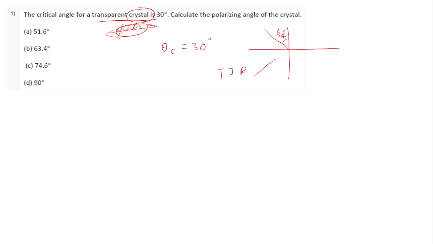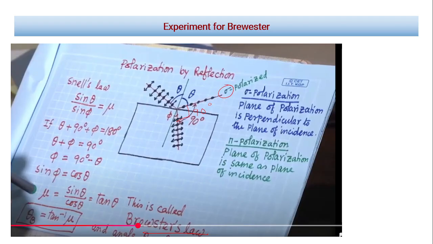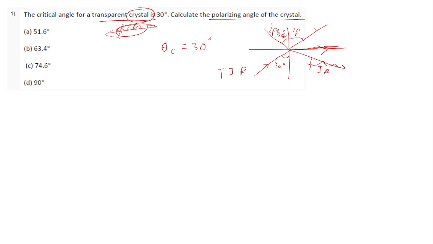That at the critical angle of 30 degrees it's giving total internal reflection, so it's just going like this. So this is the critical angle of this material. Then we have to find out the polarizing angle. What do we mean by polarizing angle? The angle at which the reflected light will become polarized, and it will be sigma polarized. That means like this.